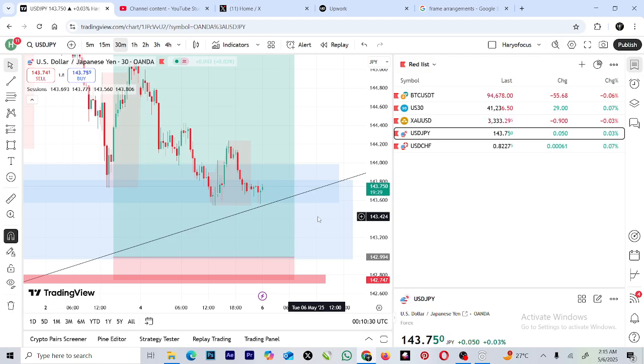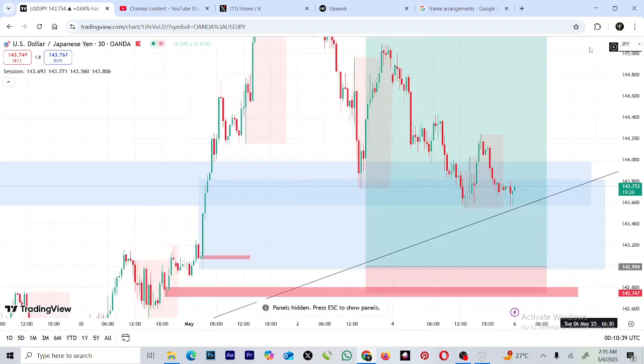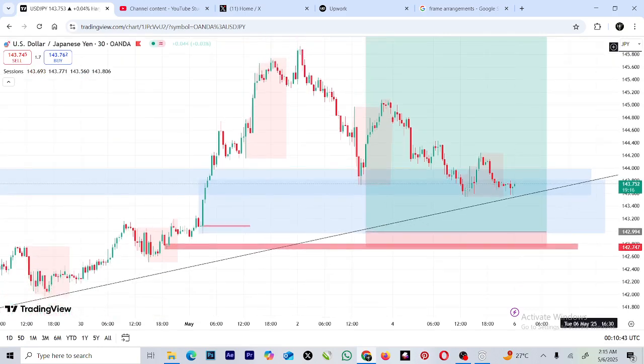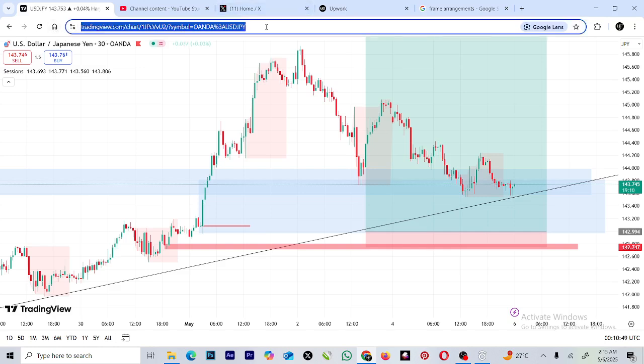In our previous lesson, we talked about candlesticks. We talked about different types of candlestick: the hammer candlestick, morning star, evening star, and the shooting star.